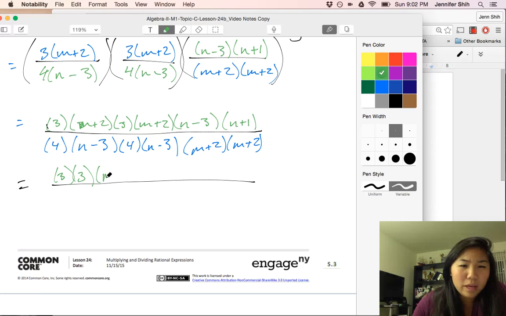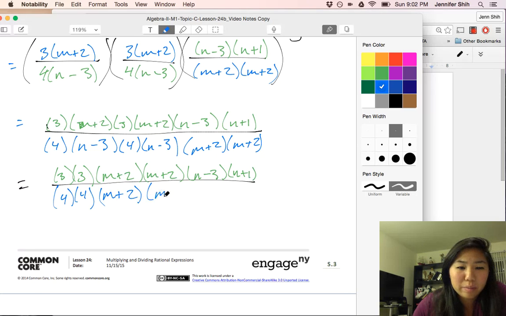Otherwise, I have an n plus 2, another n plus 2, an n minus 3, and an n plus 1. Let's see, 4, and then another 4. I have an n plus 2 I can line up. I have another n plus 2 that I could also line up. And then I have an n minus 3 that I can line up right underneath the numerator, and an n minus 3 again.